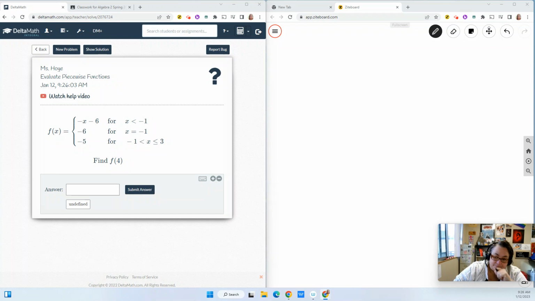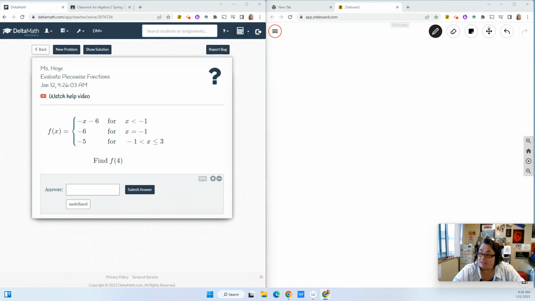When we're evaluating piecewise functions, when we're asked to evaluate anything in math, they're going to give us some value that we need to plug in. That's all evaluating is. They're going to say, "Hey, evaluate this when x is such and such," right?